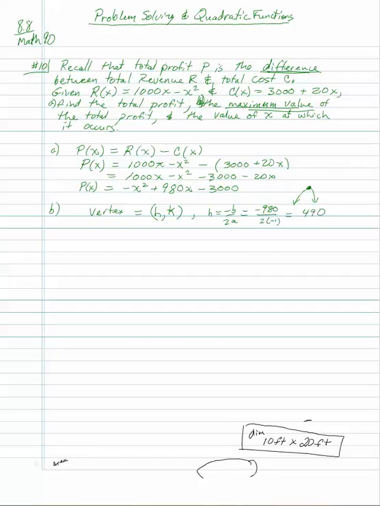So it's negative 980 divided by negative 2, which is 490. And k is going to be equal to f of 490. Well, in this case it would be P of 490.